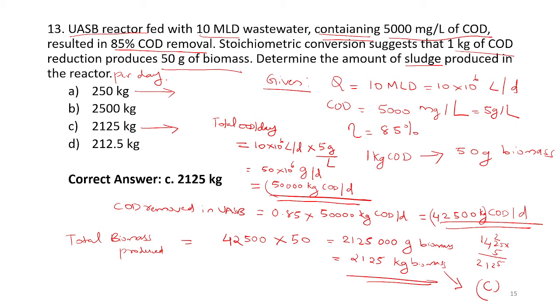I will explain it once again. Here it is given, you have the flow rate, you have COD, from that you can find out how much COD is reaching the USB reactor. Total COD per day reaching the USB is Q into this COD, 5 gram per liter.